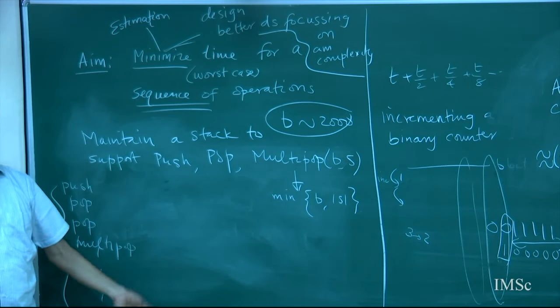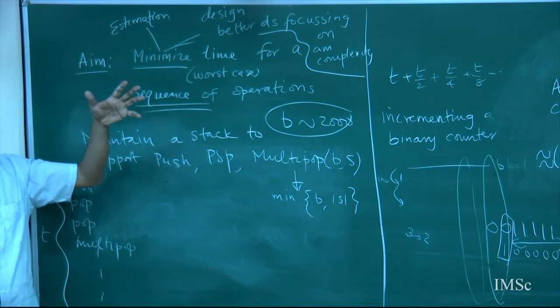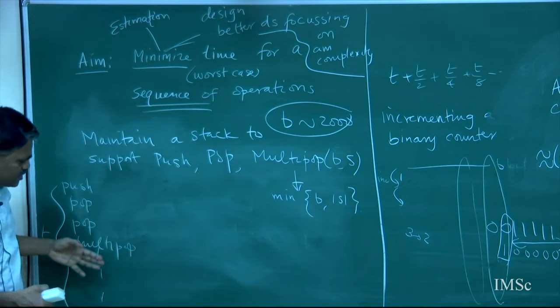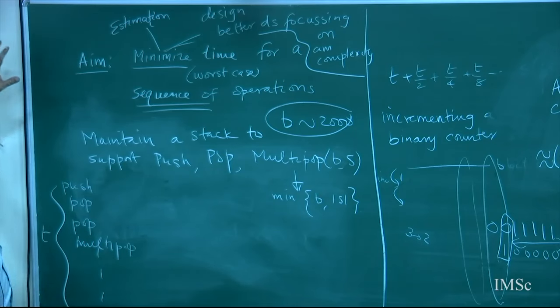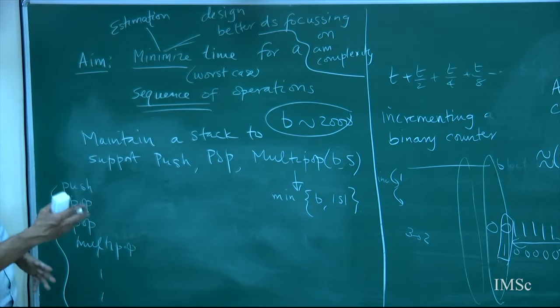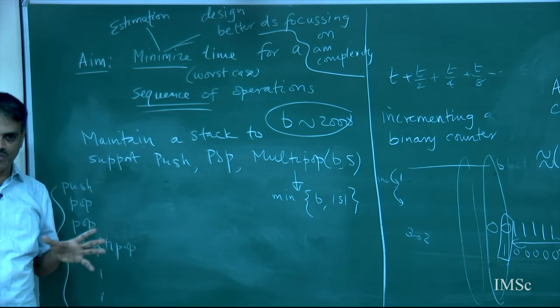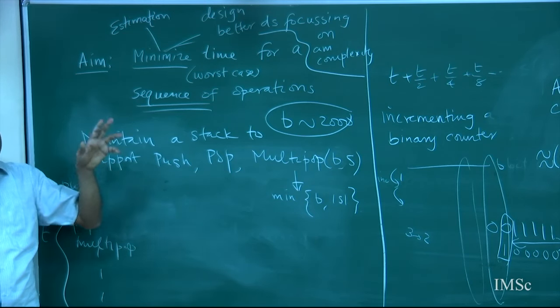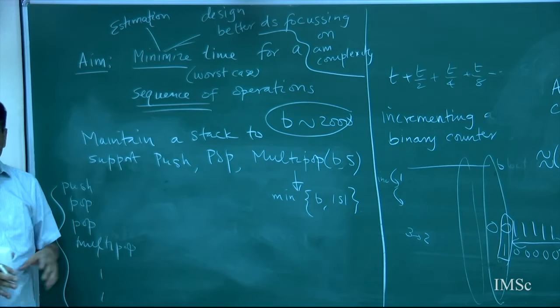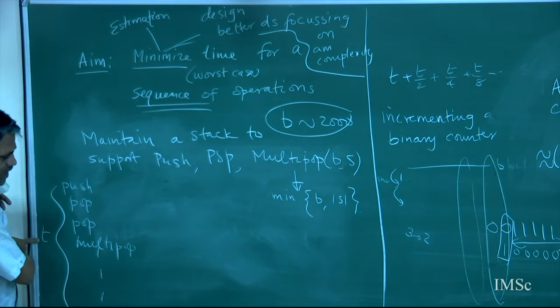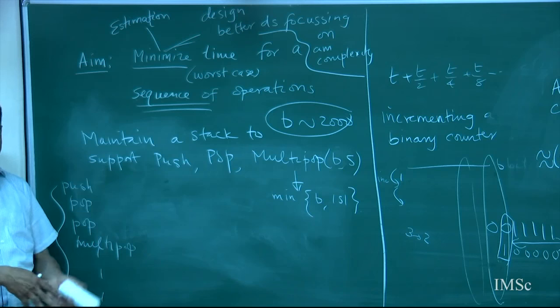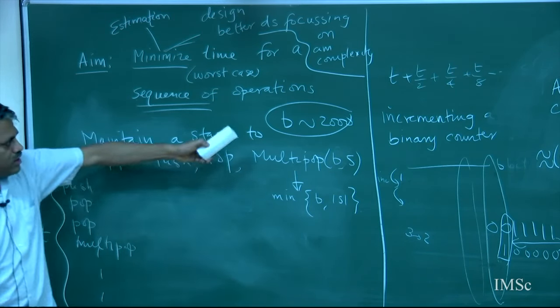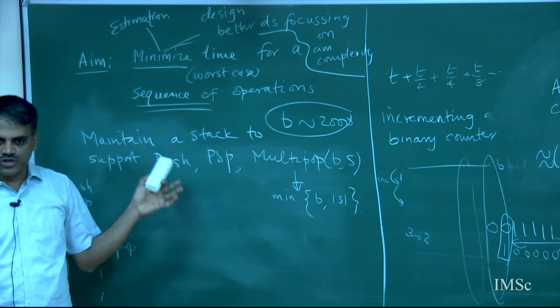That is the aggregate analysis: you might be spending a lot of time on multi-pops, but if you break open all of that and count the total time for all the pop operations, including multi-pop, it's never more than the time for push operations. By time I mean the number of elements popped or pushed. The number of pushes is never more than T, because in total there are T operations. So the total time for pops is also at most T, so that's 2T. Not T times B, but at most 2T.